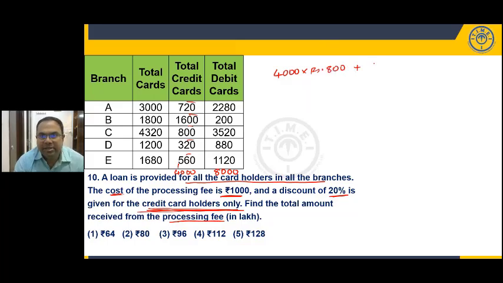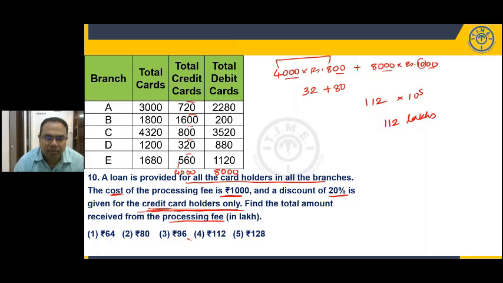Plus debit cards 8,000 with a processing fee of 1,000 rupees. Taking 5 zeros out, it is 10 power 5. 4 into 8 is 32, plus 10 into 8 is 80. 80 plus 32 is 112 into 10 power 5. So it is 112 lakhs. Option 4. Right?